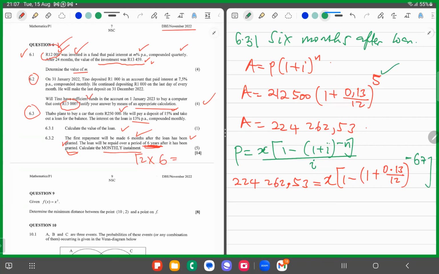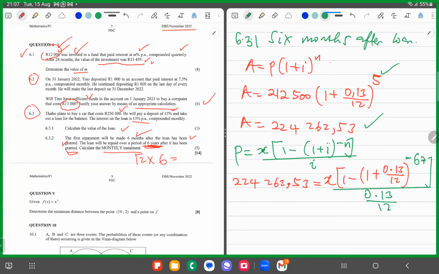It's 72 altogether, but now the first 5 months will be without payment, during which the loan is going to increase in value, and so there's going to be more money that this guy will have to pay. So you know that one. And therefore, the interest rate i is 0.13, but you divide by 12 because it's compounded monthly.